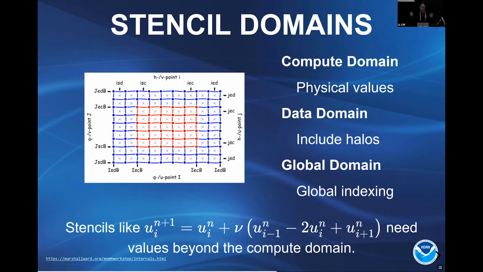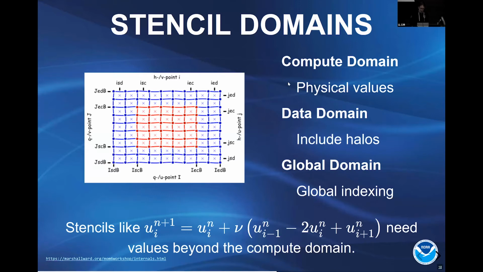Now that could be boundary conditions, that could be periodic, that could be from an adjacent domain in a parallel system. So we talk about the compute domain, which are the values that are physically represented in the equations. And then we talk about the data domain, which represents an overflow where we can continue to apply those calculations.